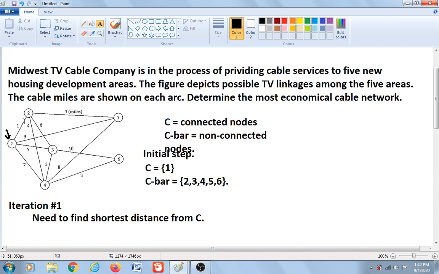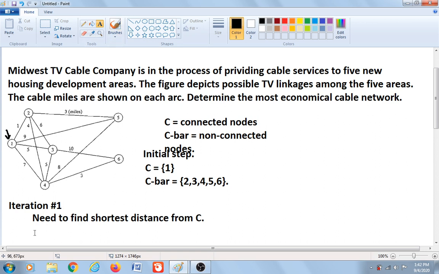It is 1, right? And that is the distance between 1 and 2. So we need to decide among 1, 9, 5, and 7, and of course 1 is the minimum distance, connecting 1 and 2.